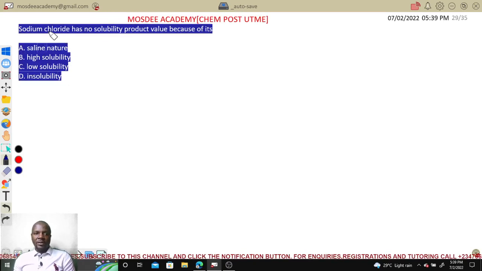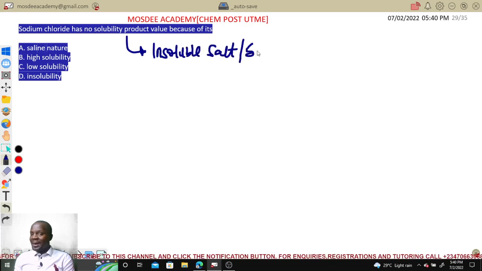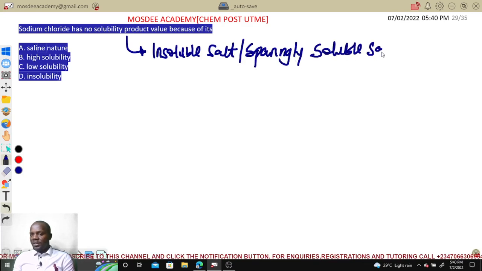Then the next one is sodium chloride has no solubility product value because of its dash. Now, the key concept here is that solubility product is only applicable for insoluble or sparingly soluble salt. That is when we use the solubility product value.